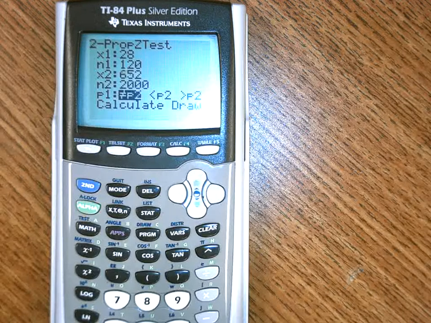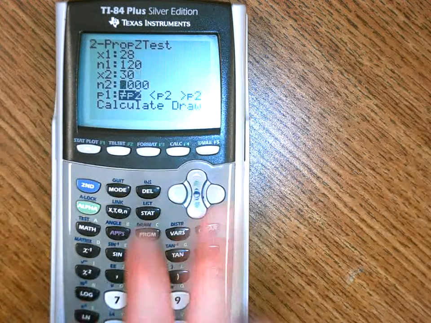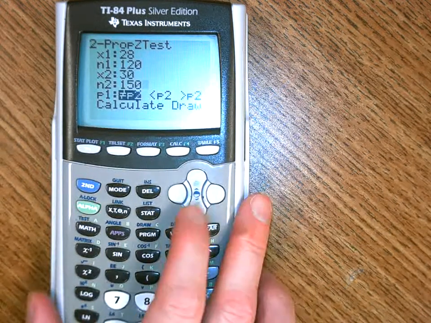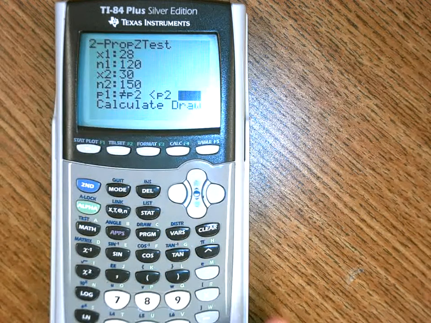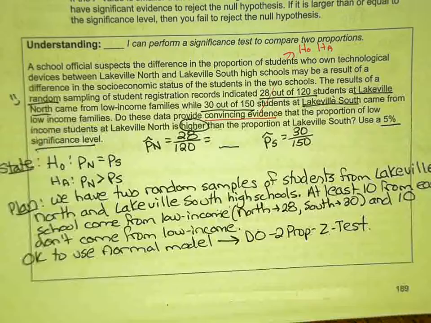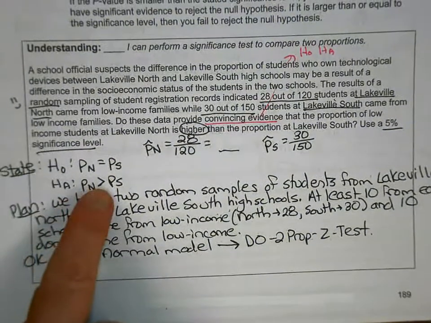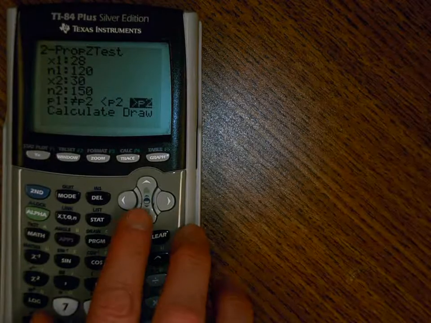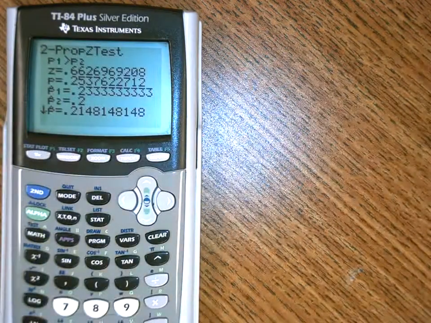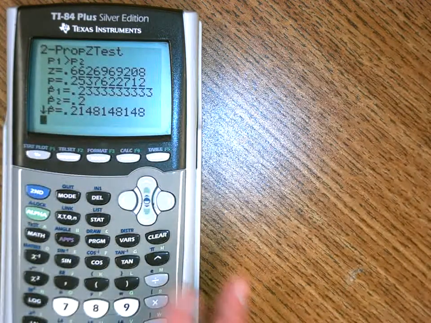Second group I have 30 out of 150. And I'm thinking the north is greater than the south. So remember, if you get stuck on this part on your calculator, look back to how you wrote the HA and use that exact symbol. Pick that one in your calculator. And then calculate. So I'm going to write down all that good stuff.